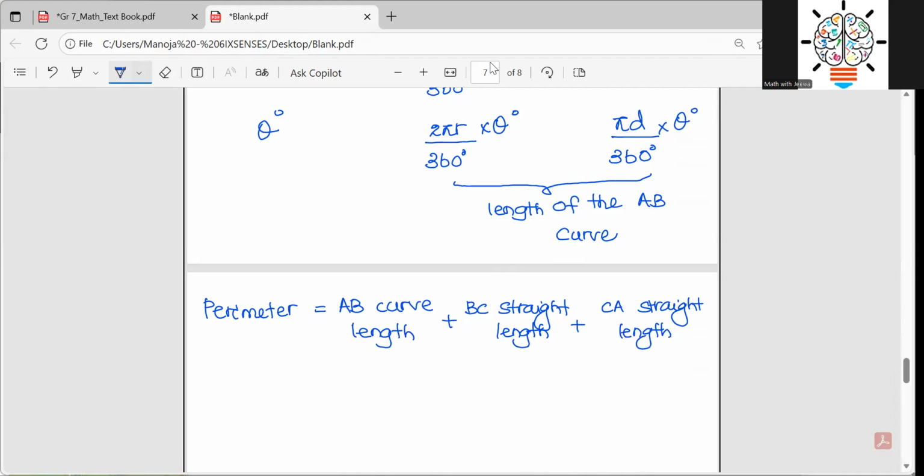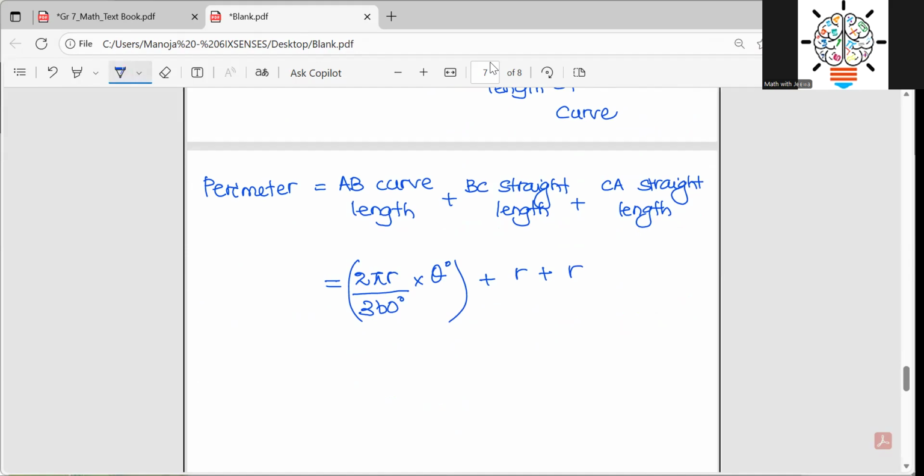So then here I can write 2-5R divided by 360 multiplied by theta. For the whole thing, I add R plus R. That means I can write 2-5R divided by 360 degrees multiplied by theta, the whole thing plus 2R. Right? That is how it works.